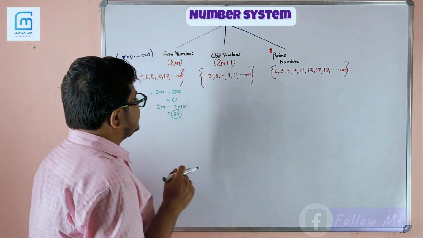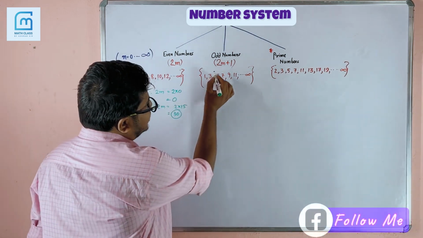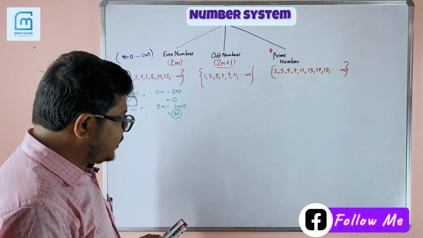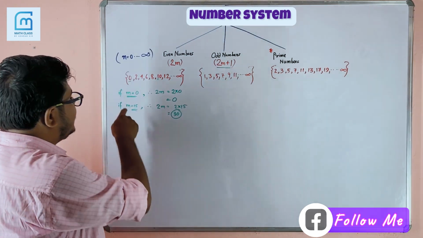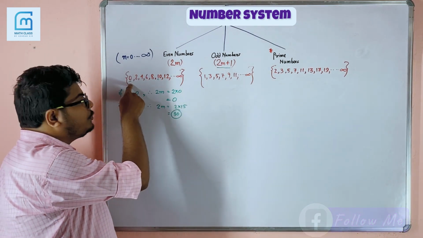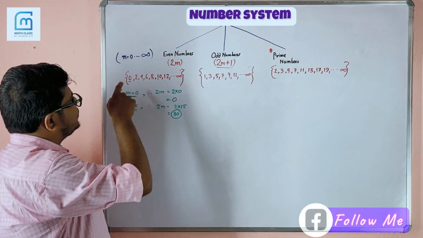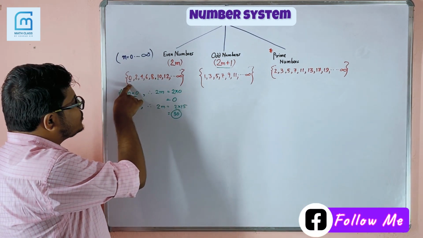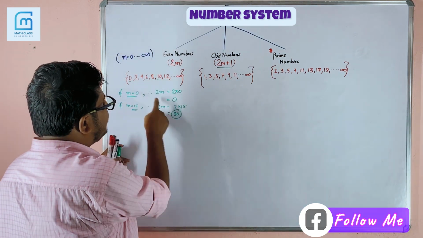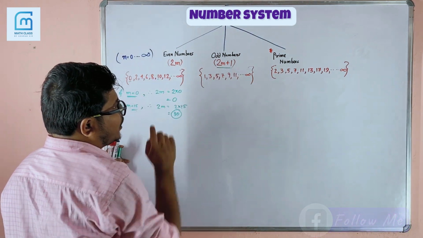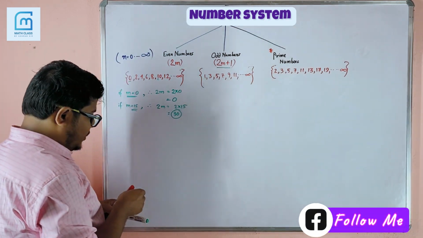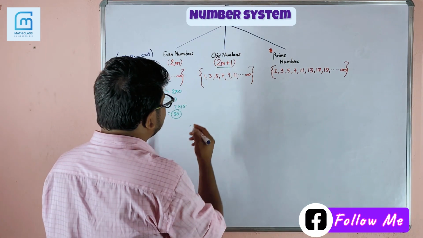Now let us see some examples of odd numbers. See, here I write 2m plus 1. Look at the board: the first even number is 0. If we add 1 to this 0, the answer will be 0 plus 1, that will be equal to 1. So let's see what is happening here.